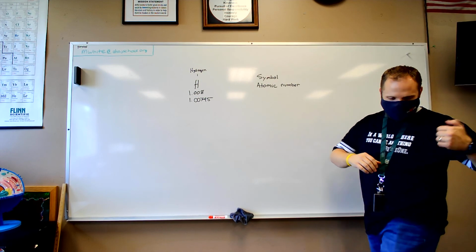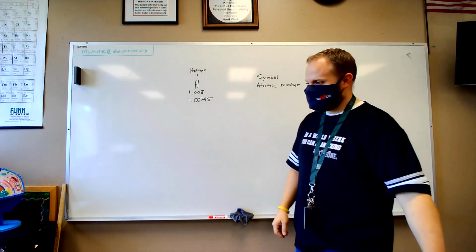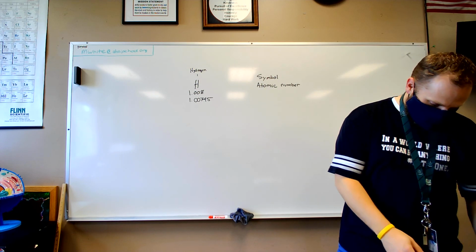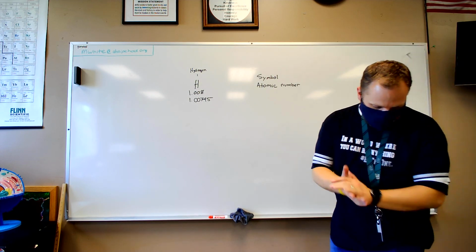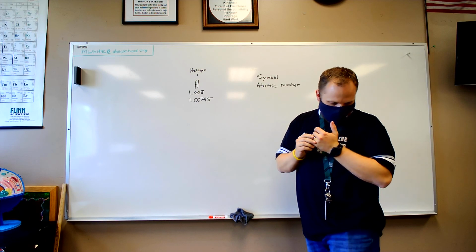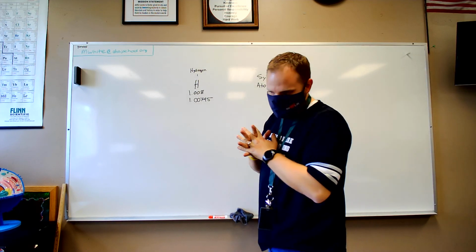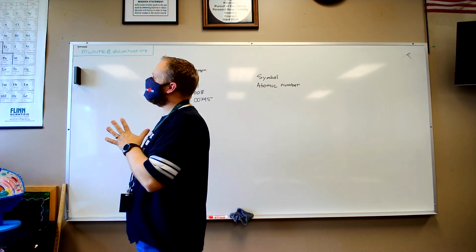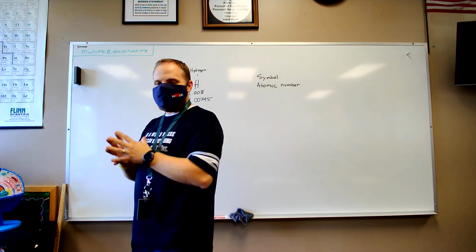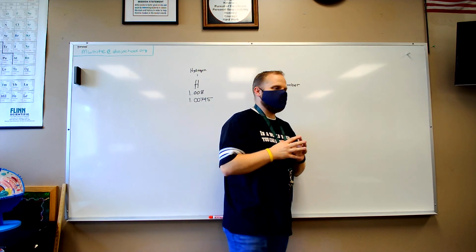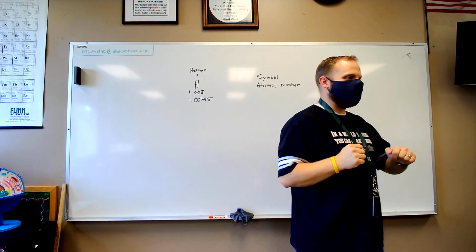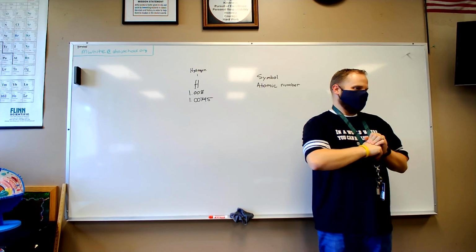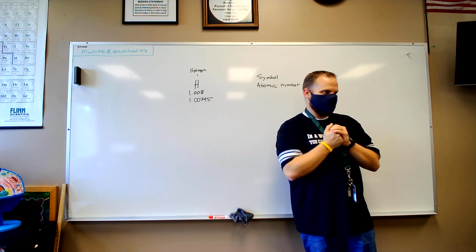So now let's talk about some other things that we can figure out once we learn a little more about the periodic table. Remember, I said that there was an easier way to determine the number of valence electrons than writing out the electron configuration. The periodic table tells us how many valence electrons something has.